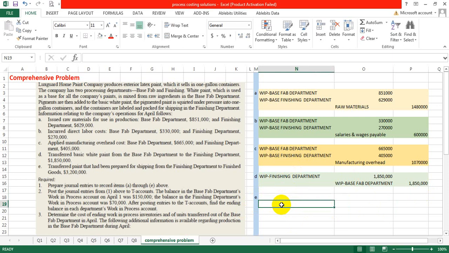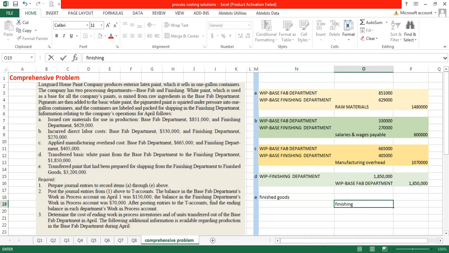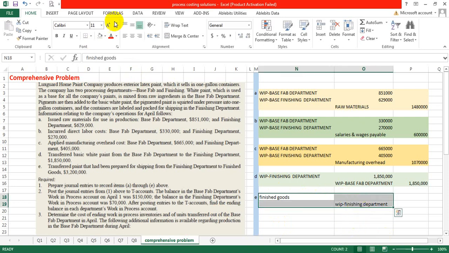Okay, यहाँ क्या हुआ है, यहाँ goods वर्क इन प्रोसेस से फिनिश गुड्स में गए. कितने की, ट्रांसफर पेंट दैट हैड बीन प्रिपेयर्ड फॉर शिपिंग फ्रॉम द फिनिशिंग डिपार्टमेंट टू फिनिश गुड. तो कहाँ से गए हैं, फिनिशिंग डिपार्टमेंट टू फिनिश गुड. सो फर्स्ट फिनिश गुड्स डेबिट, राइट, और फ्रॉम फिनिशिंग डिपार्टमेंट. सो फिनिशिंग डिपार्टमेंट credit, work in process finishing department credit. Okay, entries.